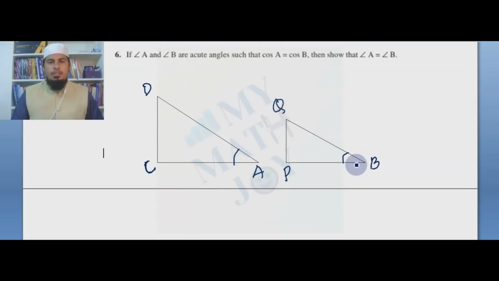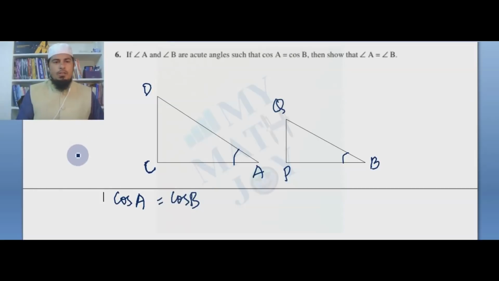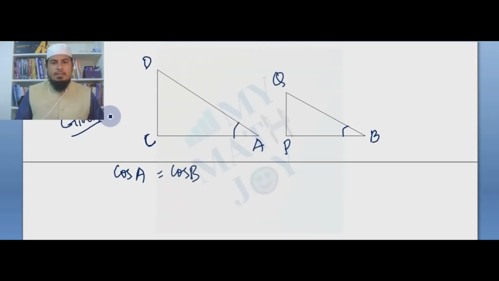According to the question, he told us that cos A is equal to cos B. What has he given us? He has given that two ratios are equal. What are the two ratios? The cos A ratio is the adjacent side of A by the hypotenuse. This is my adjacent side because we are talking about A, and this is my hypotenuse.